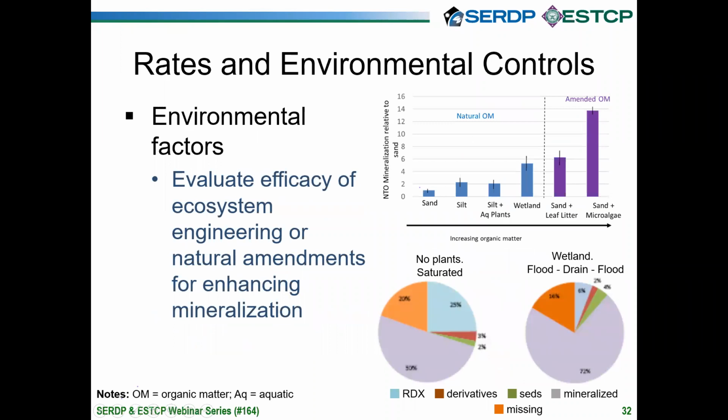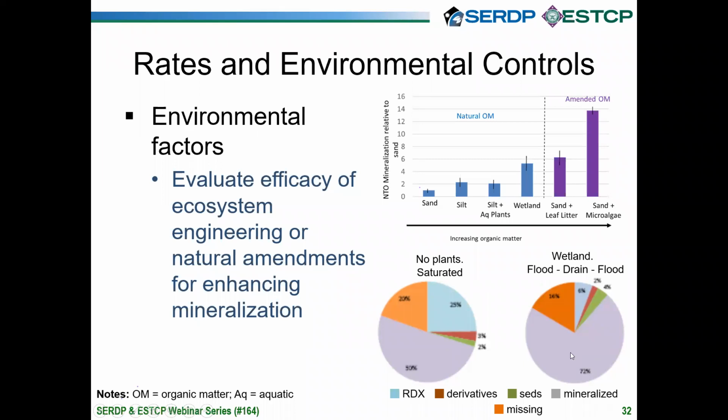them. And then lastly, because we look at these different factors, we're starting to run experiments now where we're trying to nudge specific habitats or ecosystems in a direction that might enhance mineralization or MC degradation. And so in the bottom, these pie charts represent some work that we did with RDX.